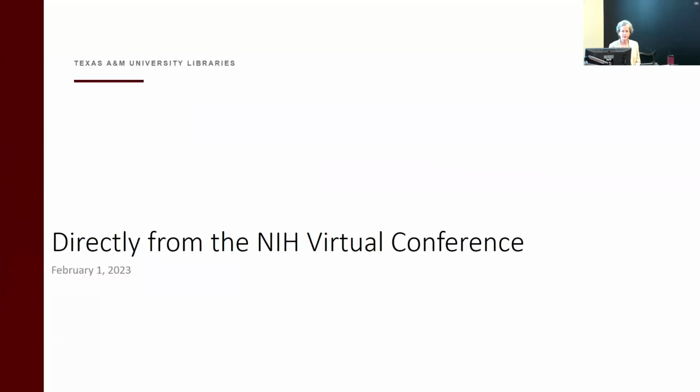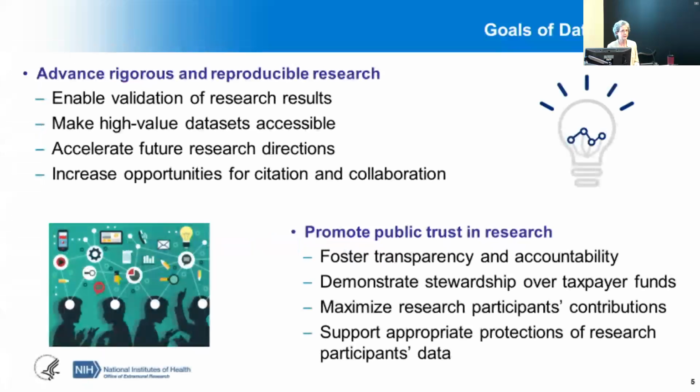So these next few slides are directly from NIH's virtual conference that they did in February. I figured they were probably the best ones to explain, okay, why are we doing this? And what's the point and that kind of thing.